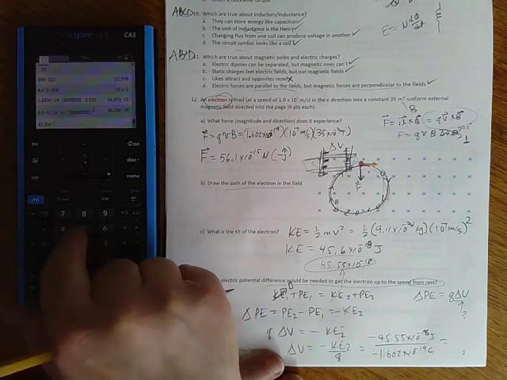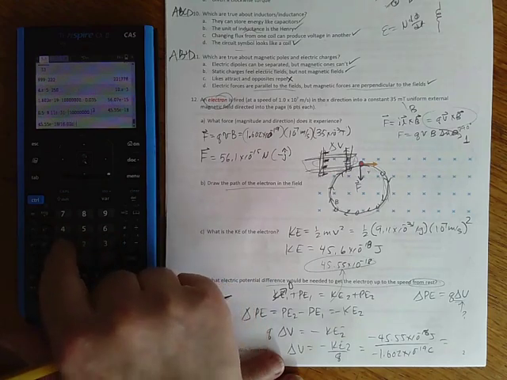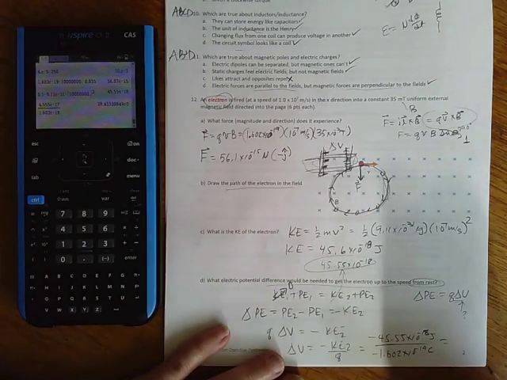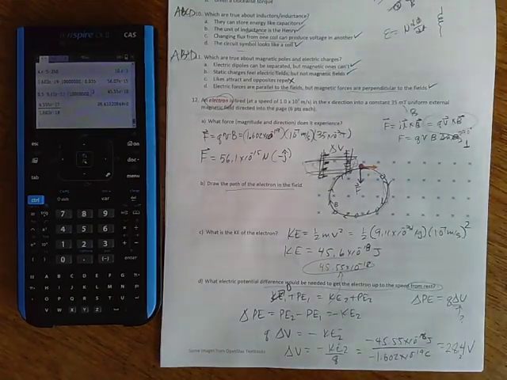45.55 times 10 to the negative 18 divided by 1.602 times 10 to the negative 19. Just double check my work here.